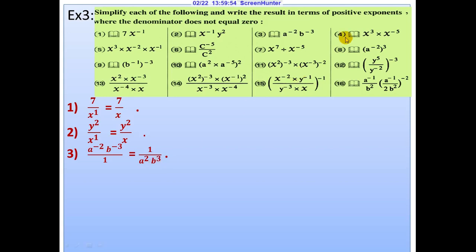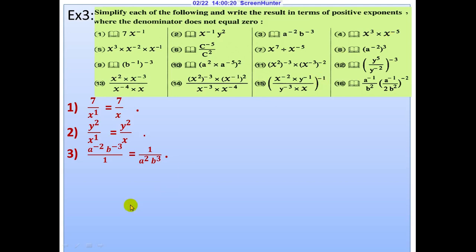Number 4 here, we have to simplify. So Mr. Hazem told you before, we prefer to do the simplest form first and change its place if we have a negative power. So to solve this, we must do the simplest form first. We write x here and add their powers because we multiply two like bases.